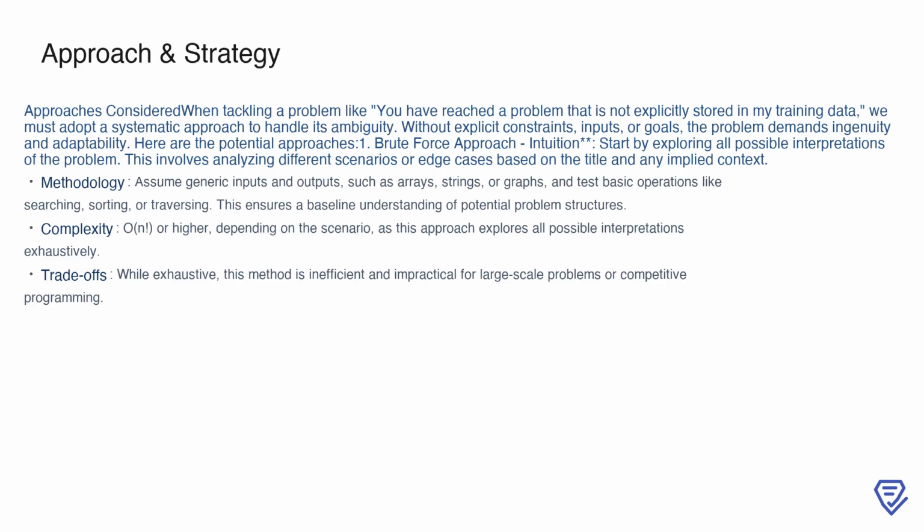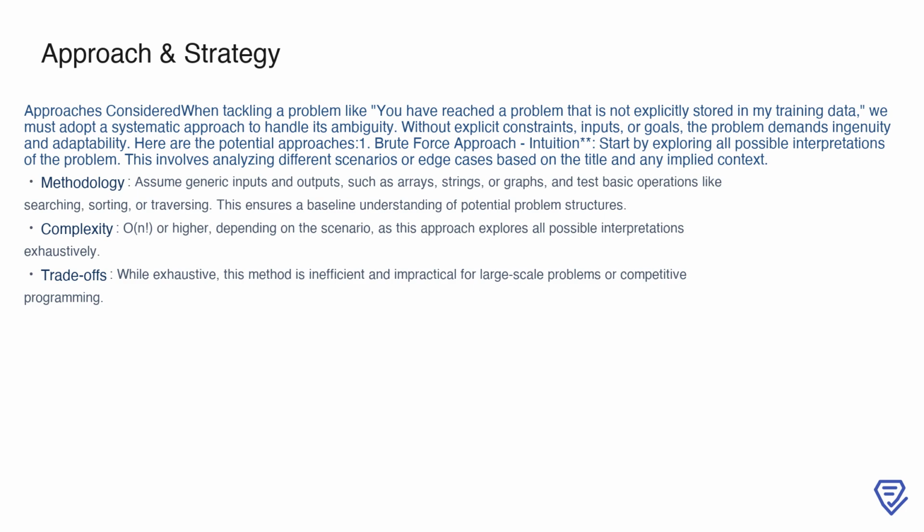When we encounter a problem that is not explicitly defined, our first step is to adopt a systematic approach to handle its inherent ambiguity. One option is the brute force approach, where we explore all possible interpretations of the problem. The intuition here is to start broadly, analyzing various scenarios or edge cases that might align with the title or any implied context.